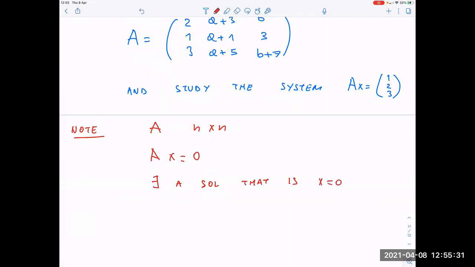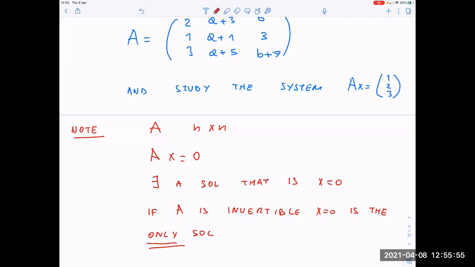If A is invertible, X equals 0 is the only solution, because I can multiply by A minus 1.